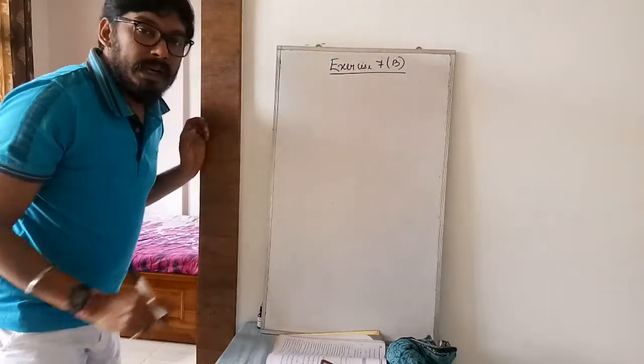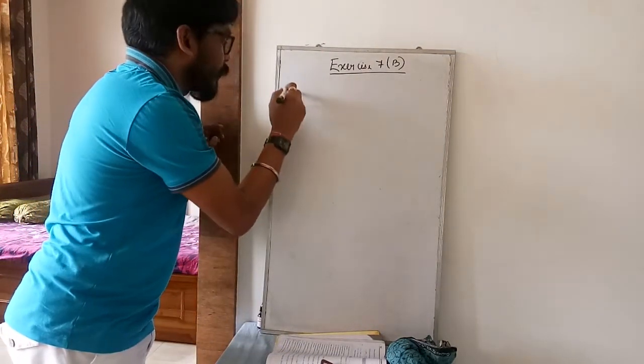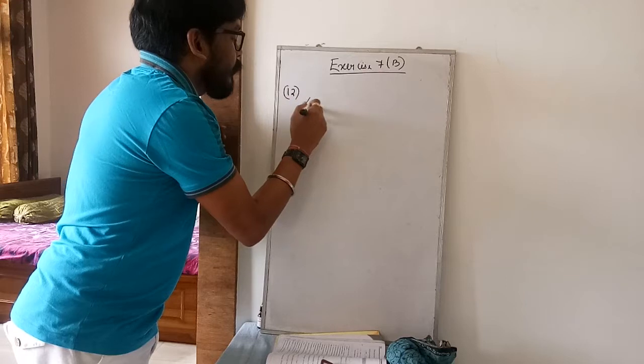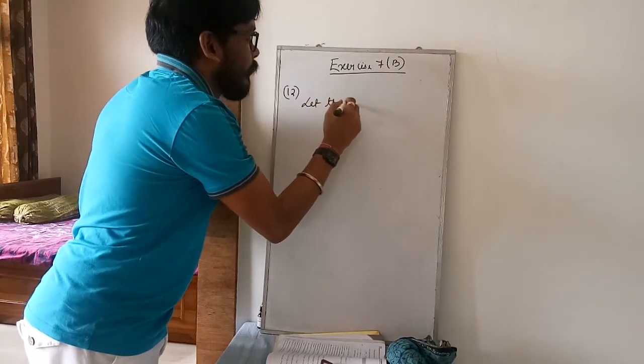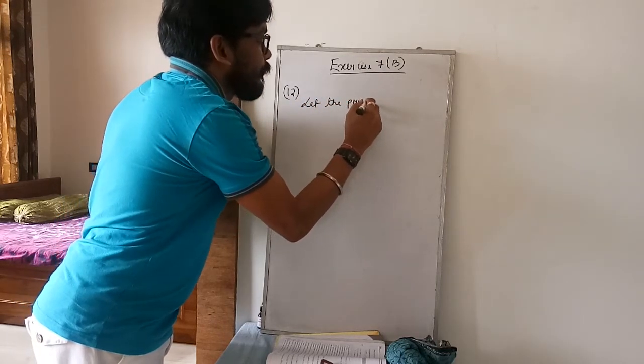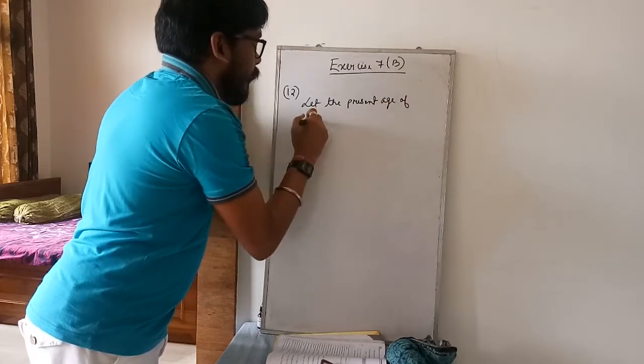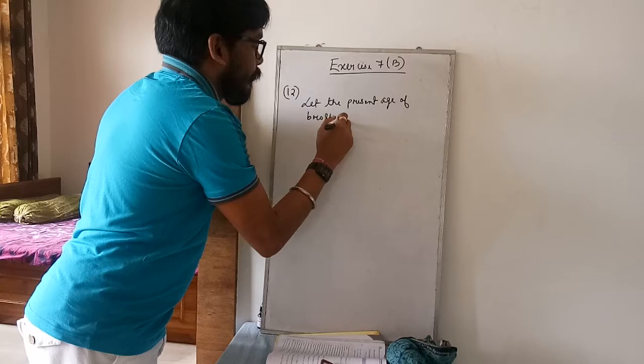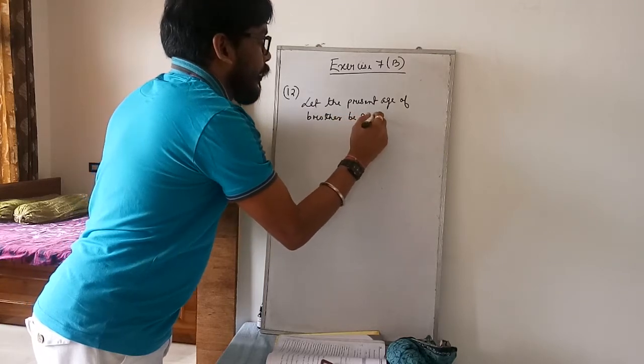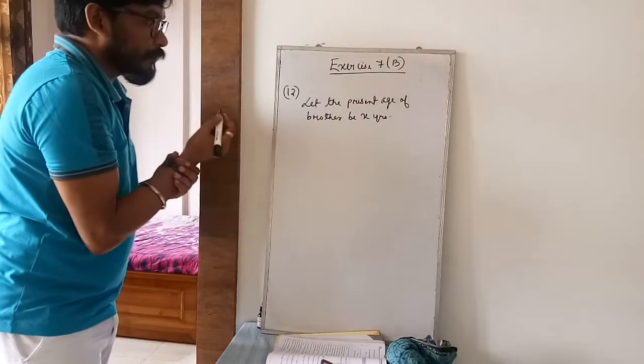So let me take the present age of brother. This is question number 12. So let the present age of brother be x years.